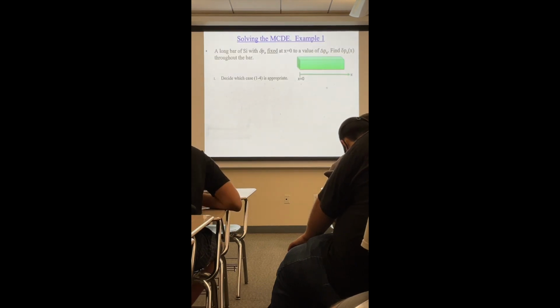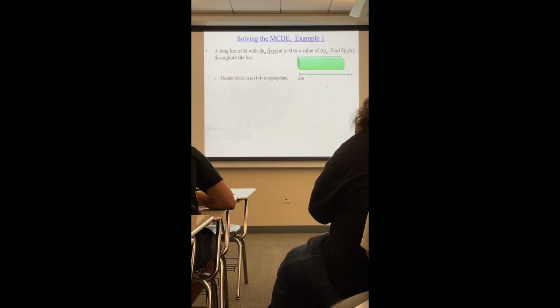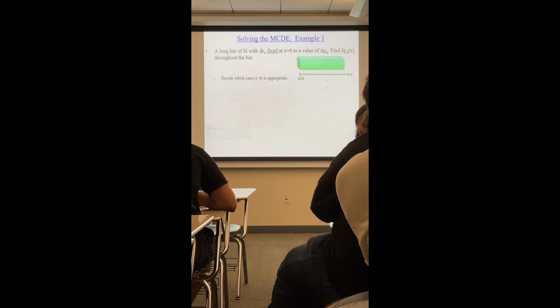Okay, right. So now let's use this minority carrier diffusion equation and try to solve some examples. Here we have a long bar of silicon, and we know delta p sub n is fixed at x equal to 0. So at x equal to 0, it's fixed to a certain value.